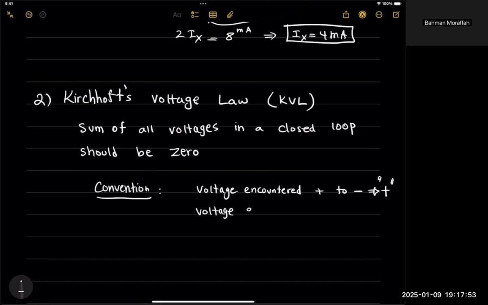Voltage encountered from negative to positive, then we think of that as negative.